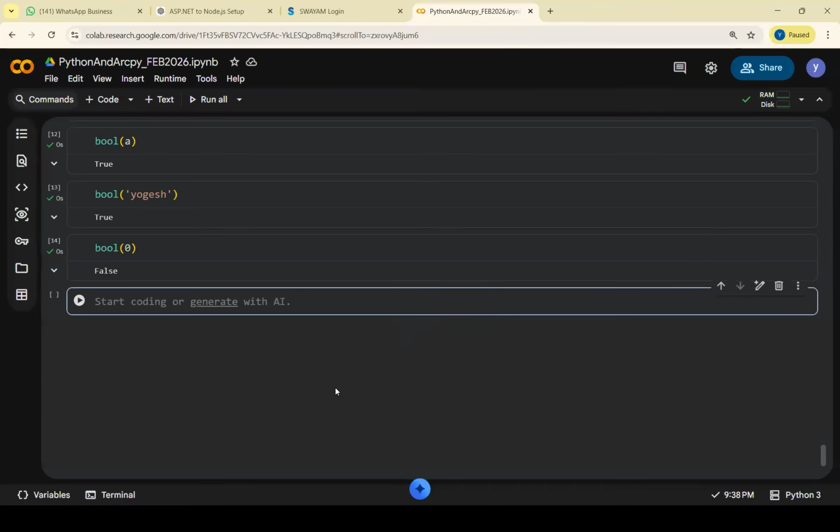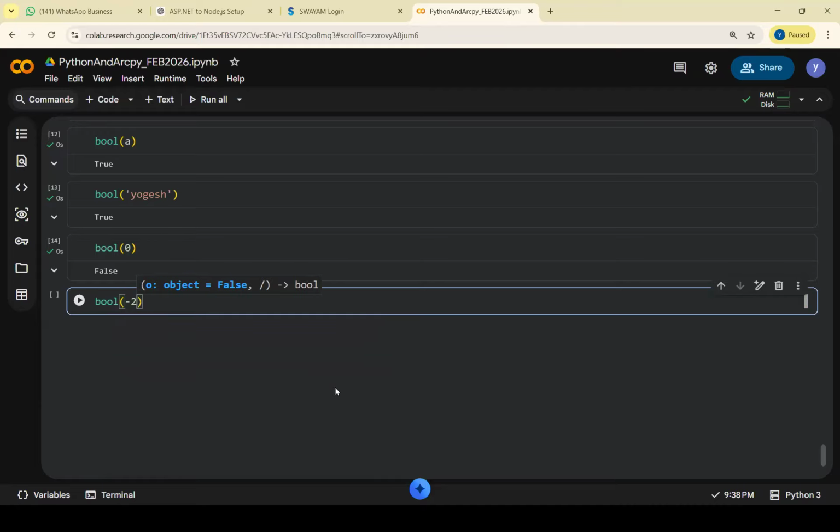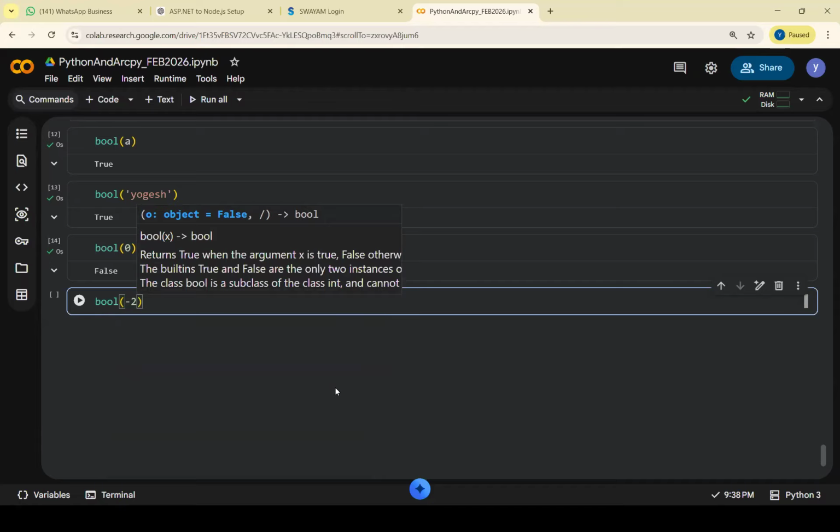Even in an interview, people can ask you this question: when we convert 0 to the boolean, it is false, and when we convert anything, string, number, anything, to the boolean, the answer is true. Even if I convert any minus value, there is no difference.